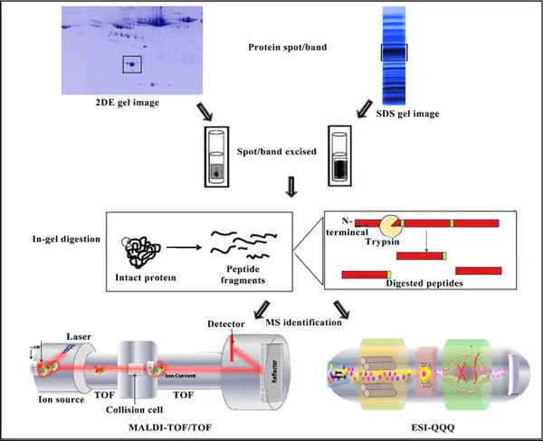So, in-gel digestion: regardless of whether you have done gel-based proteomics or you want to perform gel-free proteomics, you can resolve the proteins on the gels, simplify the proteome, excise either the spots or the bands of your interest, and then subject those to in-gel digestion or in-solution digestion, so that proteins can be cleaved into small peptides.